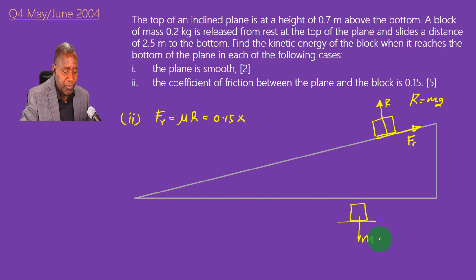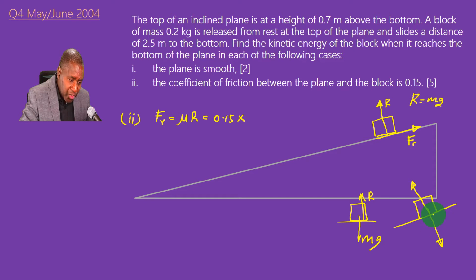This is mg, the weight of the object, and this is R. This will be true. But the moment we incline this surface, this R is no longer equal to mg. It is equal to this component of the weight in this direction.